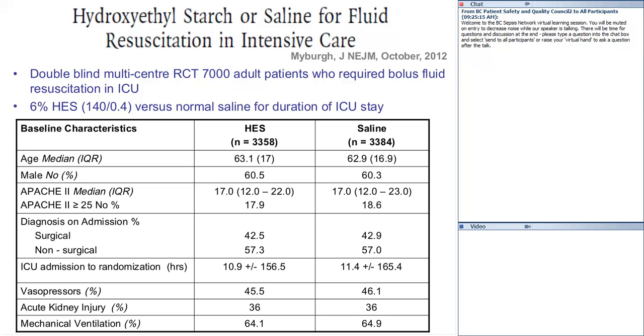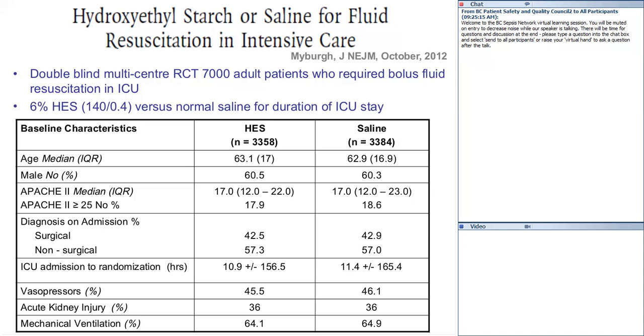Also, quite a few surgical, post-operative surgical patients in this study, about 43%. And in terms of the time to enrollment in the intensive care unit, the mean time was about 11 hours from when they came into the ICU to when they got enrolled, and it had to be their first fluid challenge in the ICU to be able to get enrolled into the study, otherwise they were excluded. So that's also an interesting point.